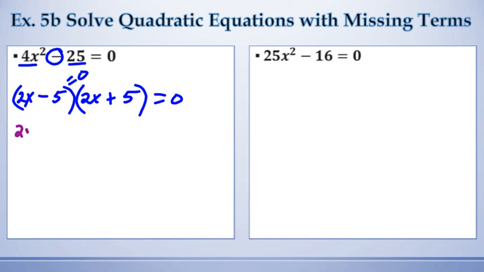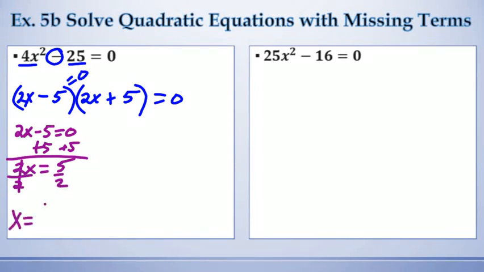So now 2x minus 5 equals 0. I add 5 to both sides. 2x equals 5. Get x by itself by dividing by 2. X can equal 5/2. Over here, to get x by itself, I have 2x plus 5 equals 0.